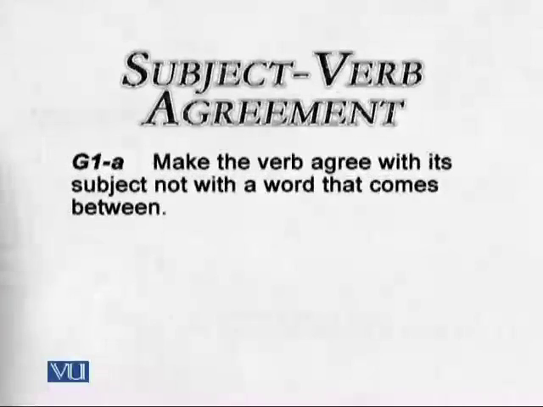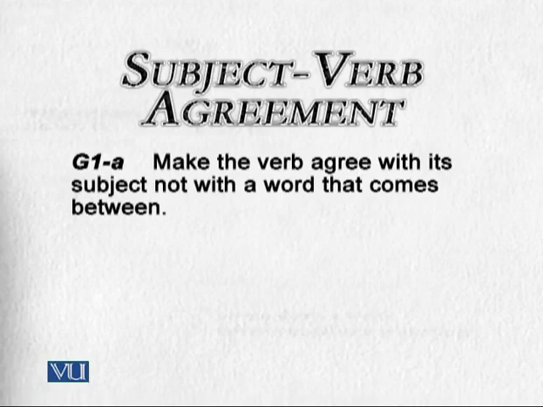Like on your screen, rule number 1 or commandment number 1 is: make the verb agree with its subject, not with the word that comes between. Now, this rule says that the subject should agree with its verb. There may be many words between your subject and your verb, many in the form of modifiers.